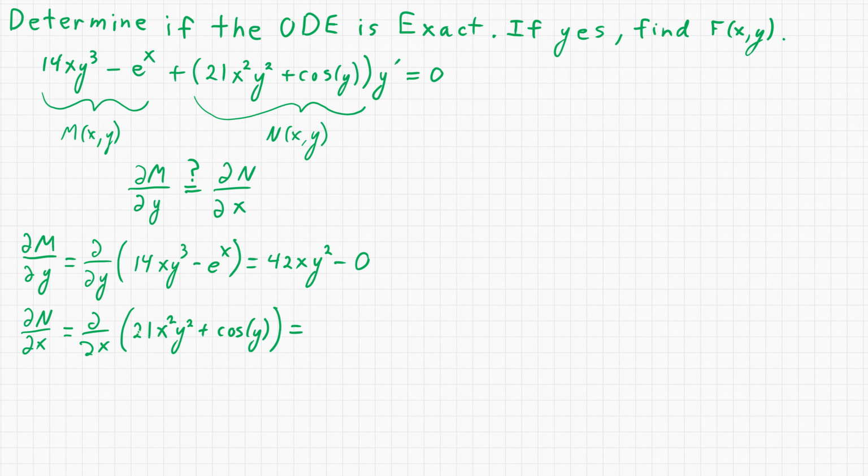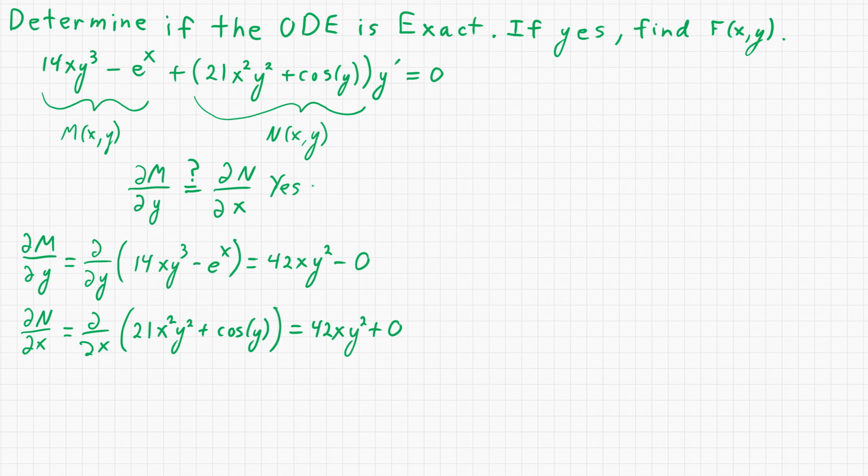The x squared will pop down to 2, so 2 times 21 is 42. The x squared turns into x, and the y squared stays as it is. And then partial derivative of x applied to cosine of y, that's 0. There are no x's in here, so that's a plus 0. And yes, they do agree. So, back up here, yes.